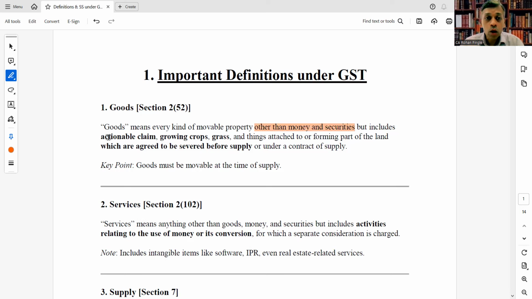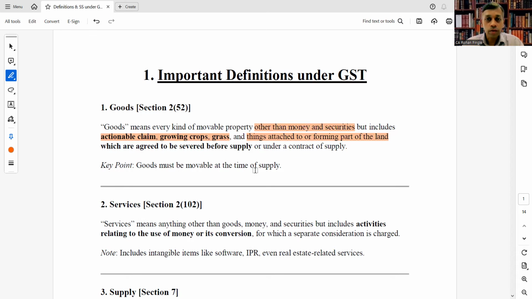Actionable claim, growing crops, grass, and things attached to or forming part of the land which are agreed to be severed before supply or under a contract of supply. The key point is goods must be movable at the time of supply.